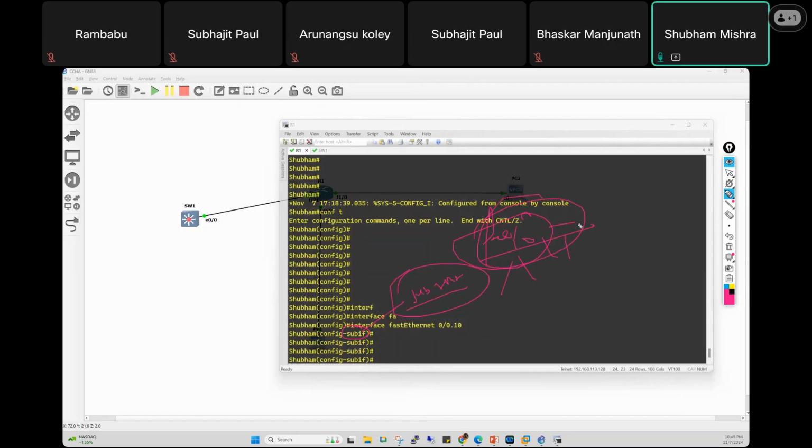Getting my point, everyone? Generally, we configure sub-interfaces in the case of inter-VLAN routing. We will discuss how we can configure it and what the use of inter-VLAN routing is in our coming classes. Clear, everyone? I hope everyone understands these things. Anyone who does not understand?